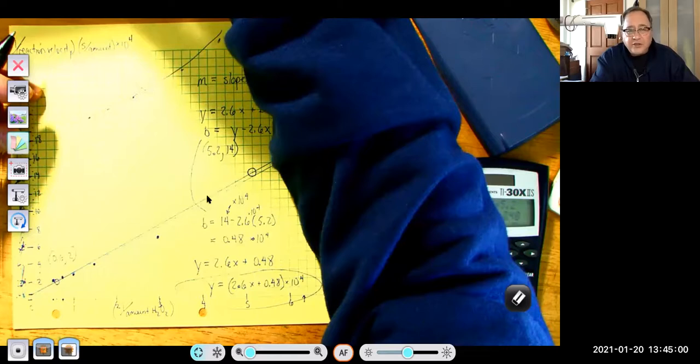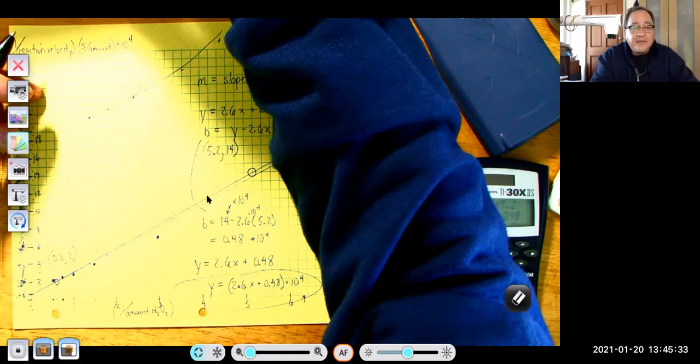So here's what I did with a computer. You can see it looks a little bit different because this is more of a square graph than a wide one. And you can see that the equation I got here was 2.4 plus 1, whereas the equation I got today was 2.6 plus 0.48, which I would argue are pretty close together when we're just drawing lines in.